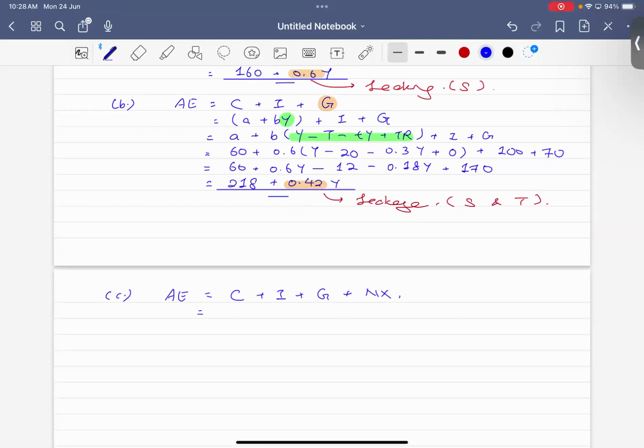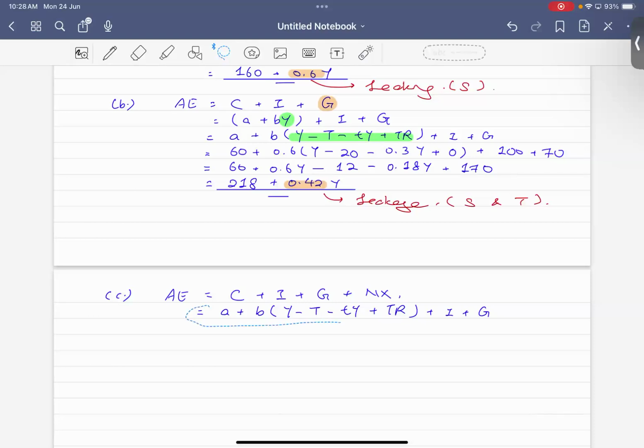The consumption function will be A plus B bracket disposable income minus autonomous tax, minus induced tax plus transfer payments. So that's for the consumption, plus investment plus government spending, and then now you have net exports.